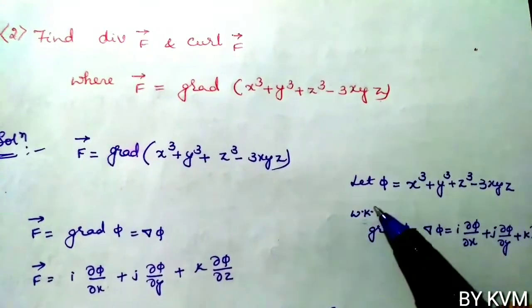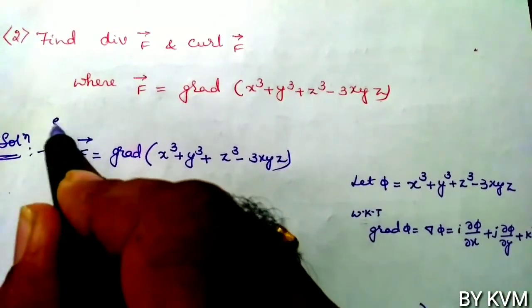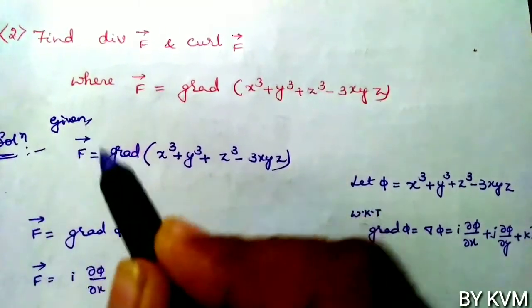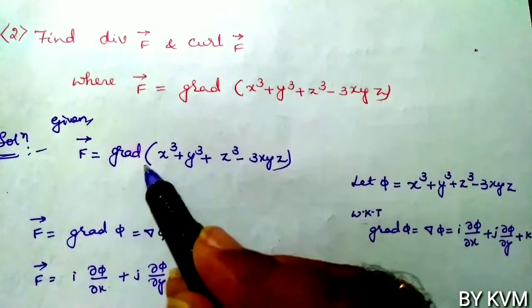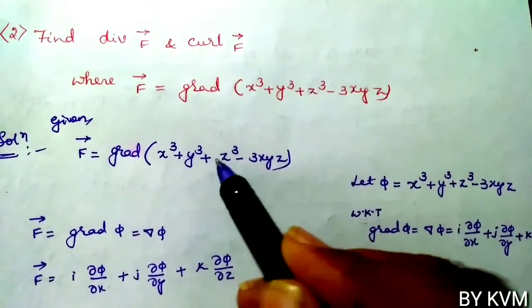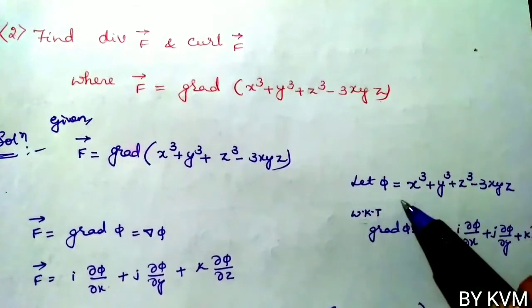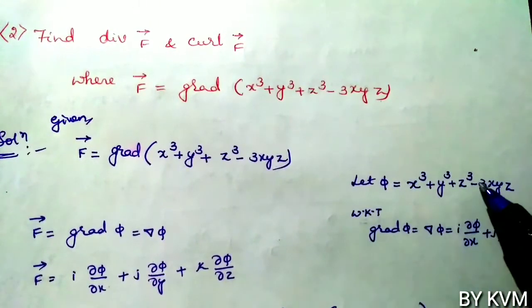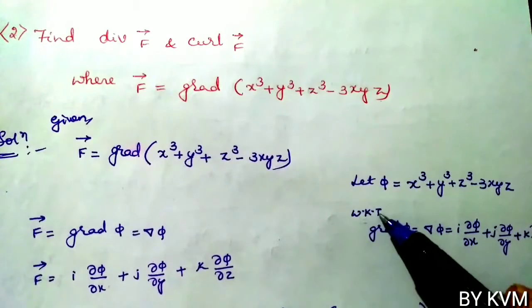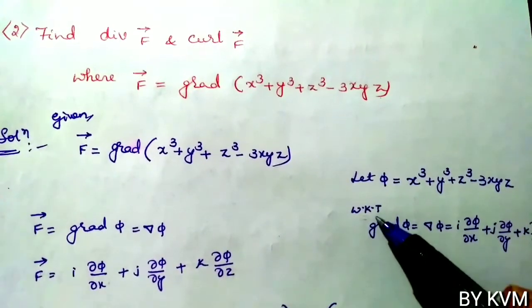So now here, given vector f is gradient of some function, that is x cube plus y cube plus z cube minus 3xyz. So let phi equal x cube plus y cube plus z cube minus 3xyz. We have already discussed the gradient.